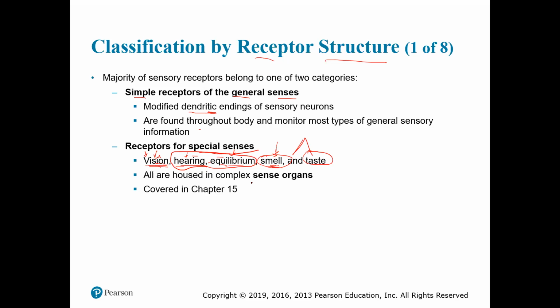And they're housed in the sense organs, like the cochlea for hearing, the semicircular canals for equilibrium, and for vision, it's the retina, which is a whole complex of things. Taste is your papillae, which have taste buds in them. And smell is your olfactory bulbs, which are the organ.